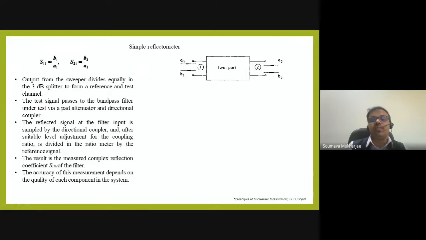We want to measure all these quantities, A1, B1, A2, B2. Why? Because once we get those quantities, we can take the ratios and get the S matrix parameters. For example, S11 will be B1 by A1, S21 will be B2 by A1. Similarly, S12 will be B1 by A2, and S22 will be B2 by A2.